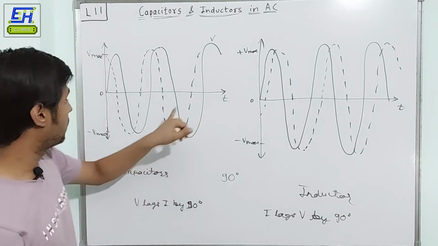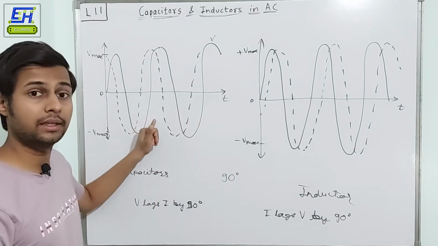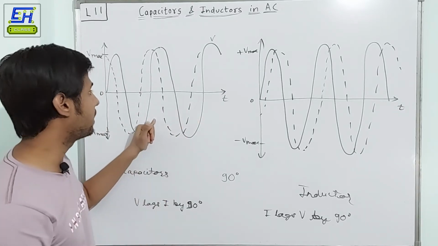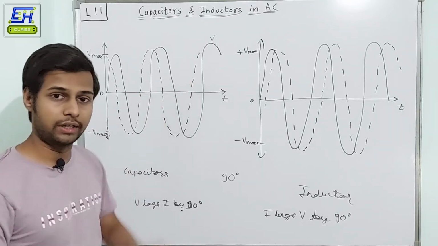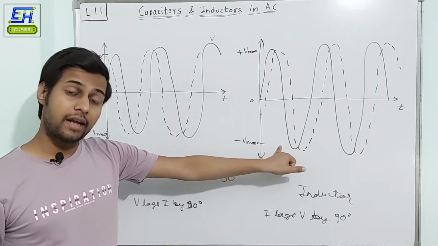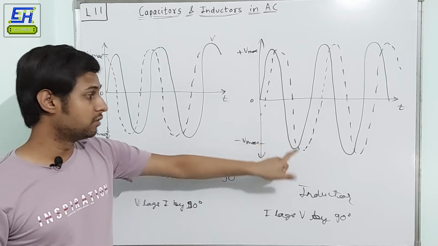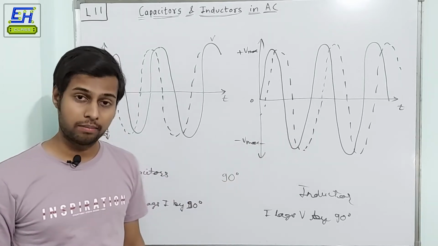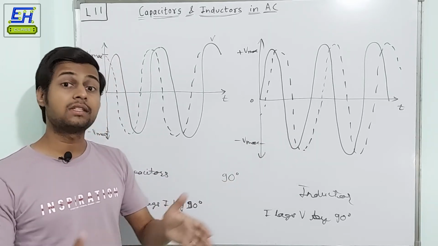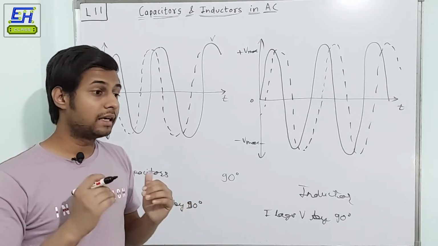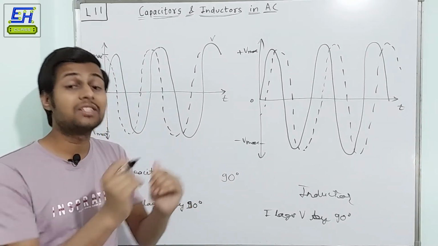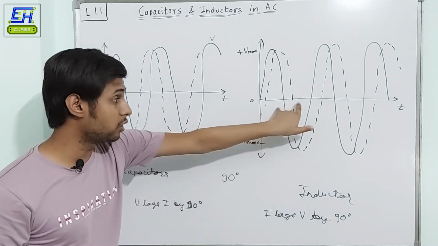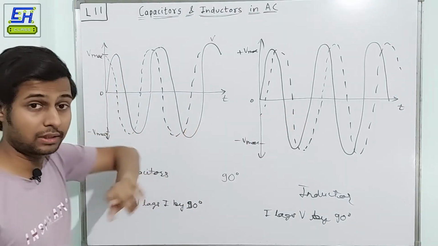In the case of a capacitor, if the capacitance is higher, it will suppress the voltage, and for an inductor, if you increase the inductance, it will suppress the current, because a large inductance opposes the current to a large extent. But the phase difference will not change, and the same is the case with the capacitor.